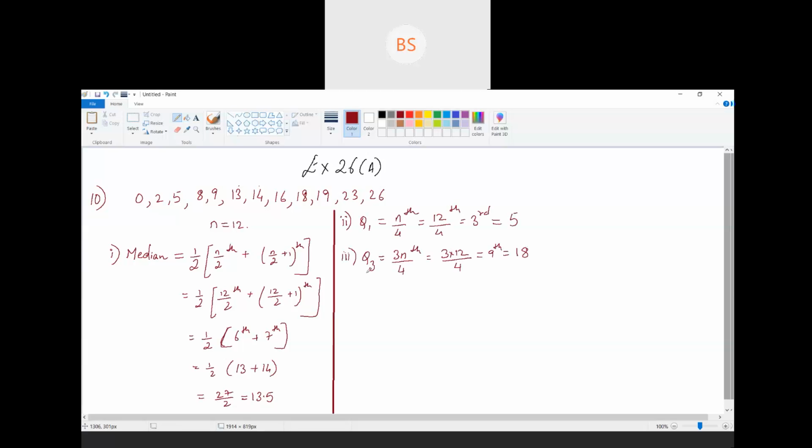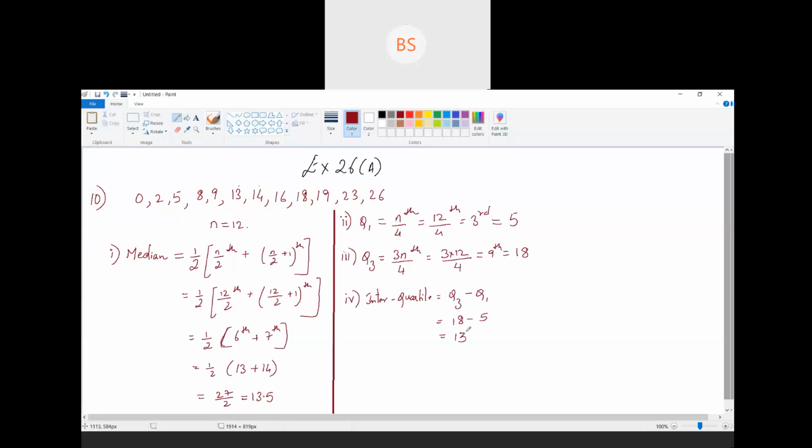Then interquartile. Interquartile is upper quartile minus lower quartile. Now upper quartile is 18 and lower quartile is 5. So it will be 18 minus 5. That is 13.